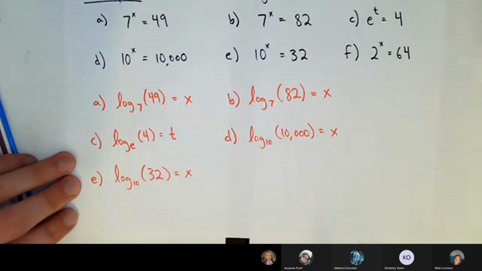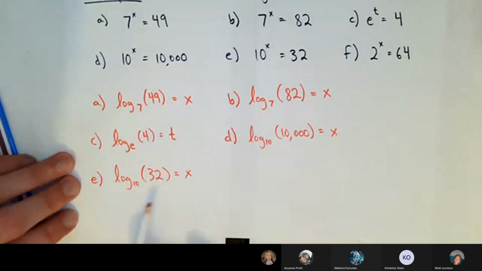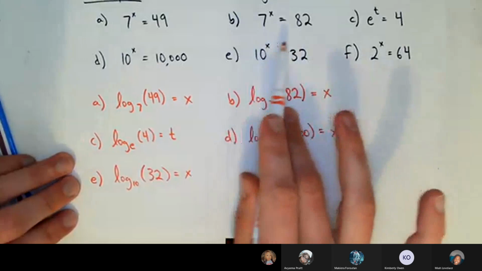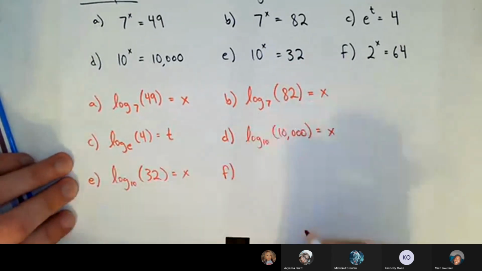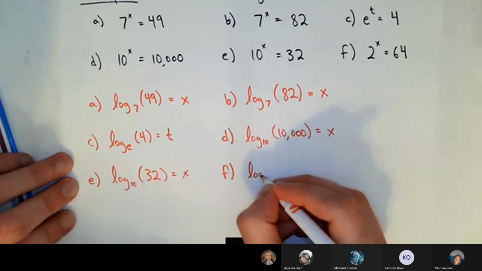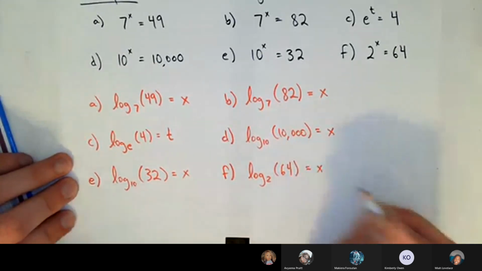It should be 10 times 10 times 10 times 10, which is 10 to the 4th. So x is 4. You could figure that out without ever knowing about logarithms, but you could not figure this one out without the use of logarithms. And F here is going to be log base 2 of 64 is equal to x.